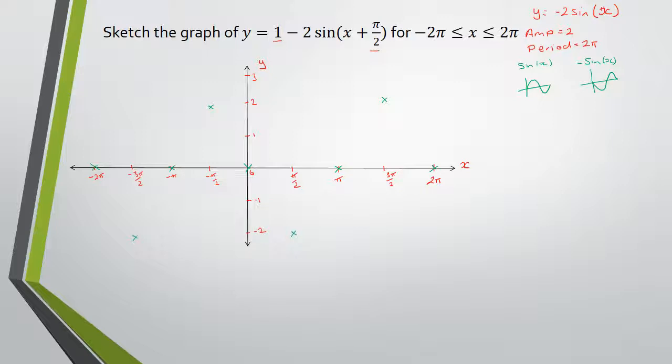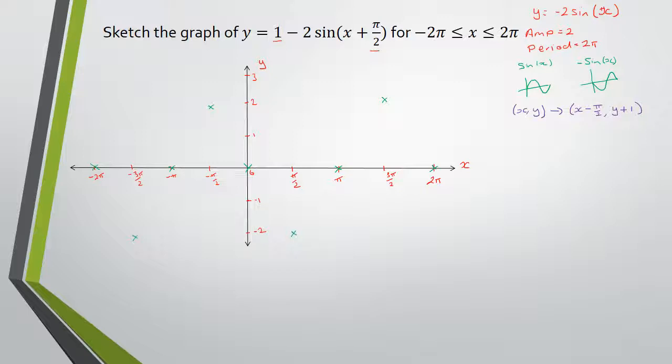If I take any of those points that I just plotted, let's call them x, y. It could be the point 0, 0. It could be the point pi, 0. For each of those points, I'm going to need to move the x value to the left by pi on 2, so I'm going to subtract pi on 2. And for each of the y values, I'm going to add on 1. Let's start with the far right point at the x-intercept, where x equals 2 pi.